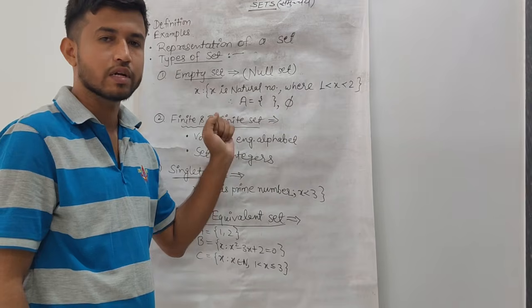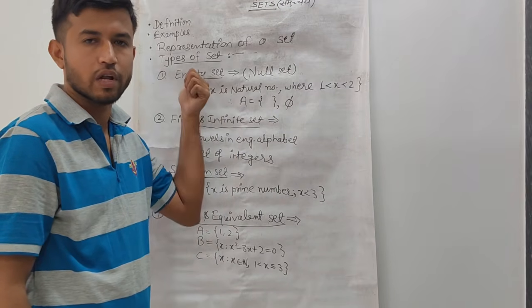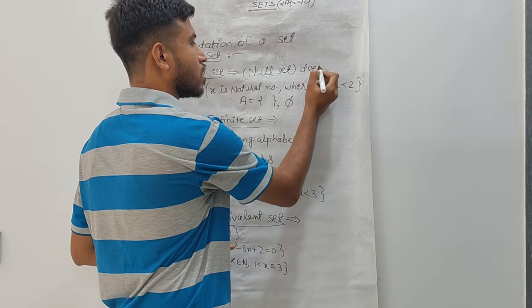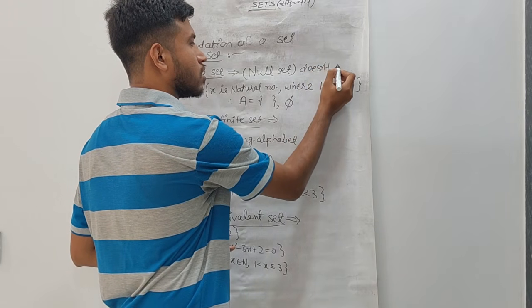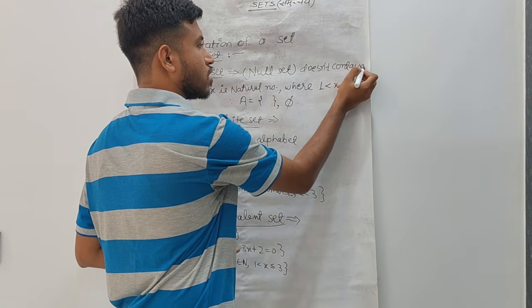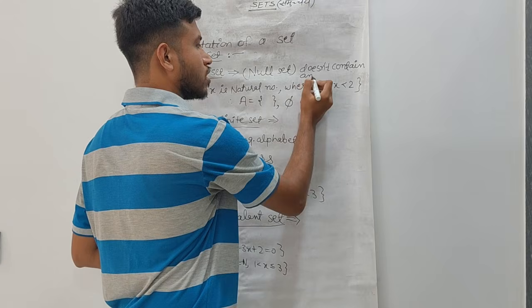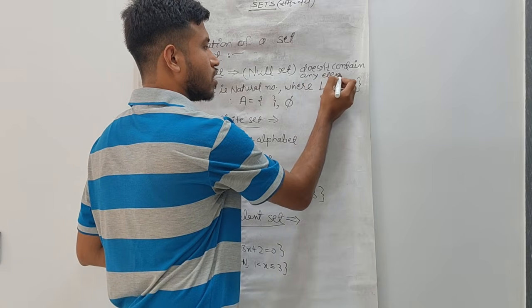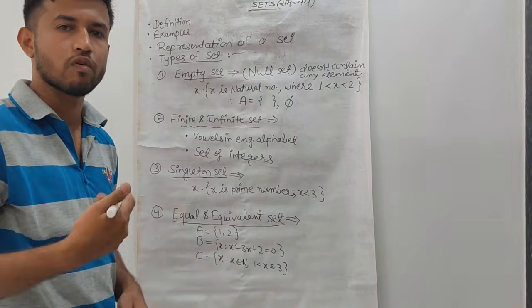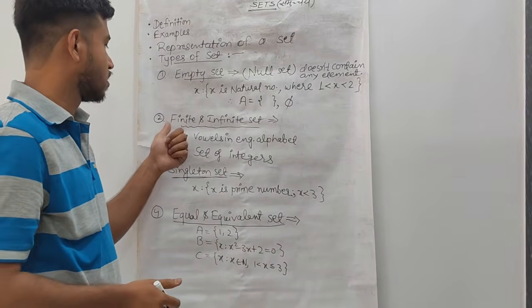It has no element. It doesn't contain any element. This is called an empty set.